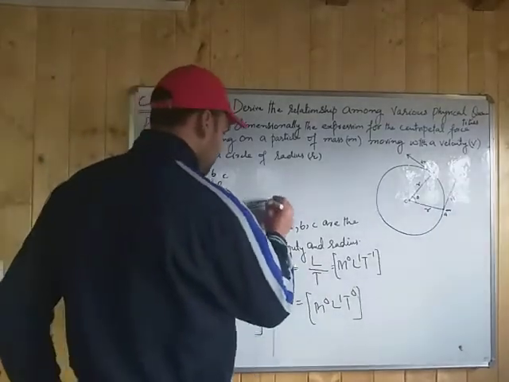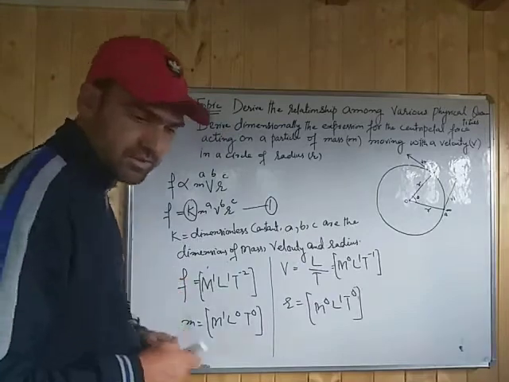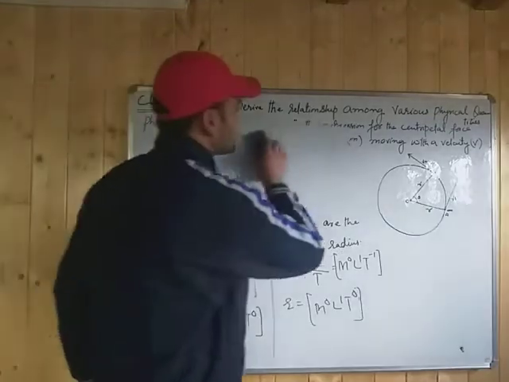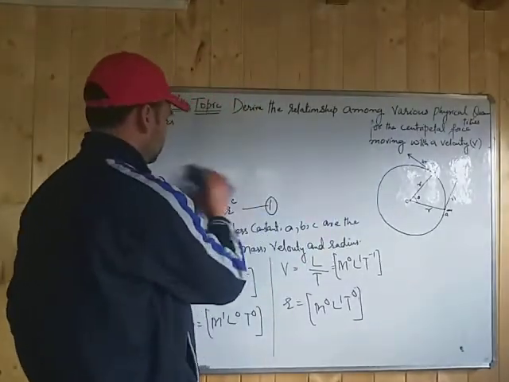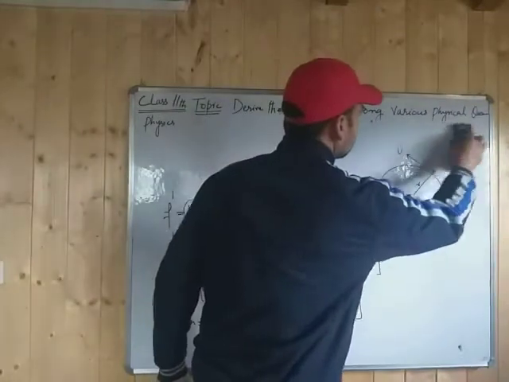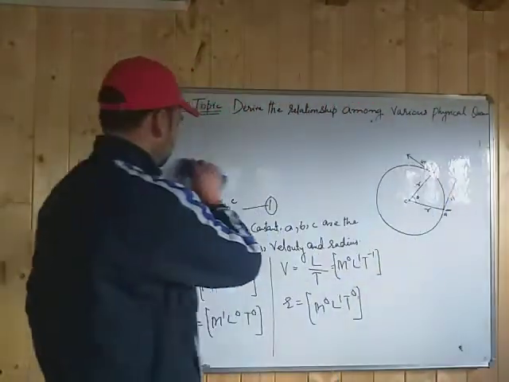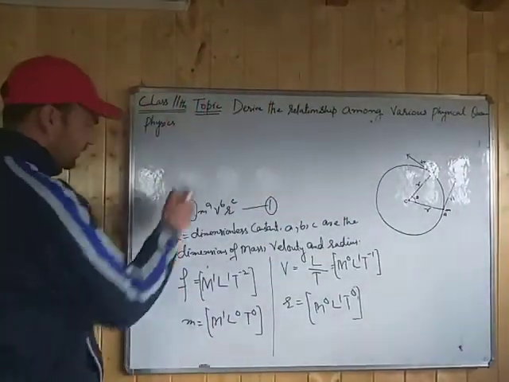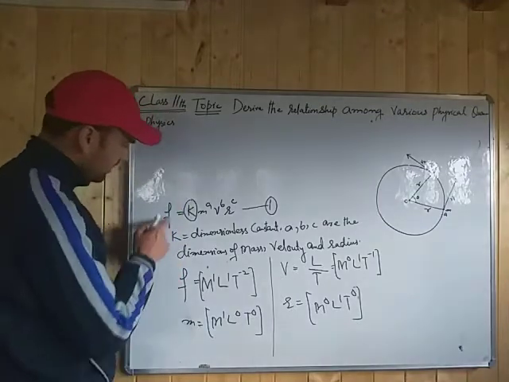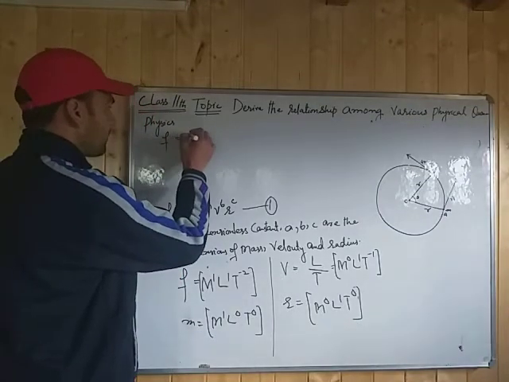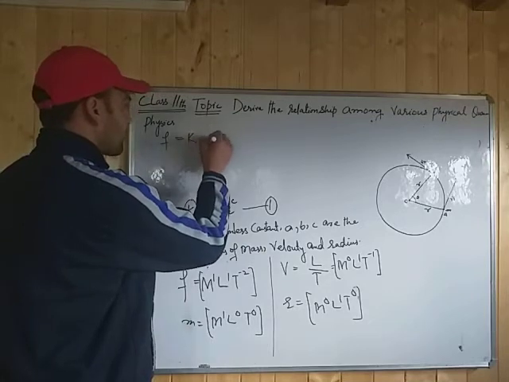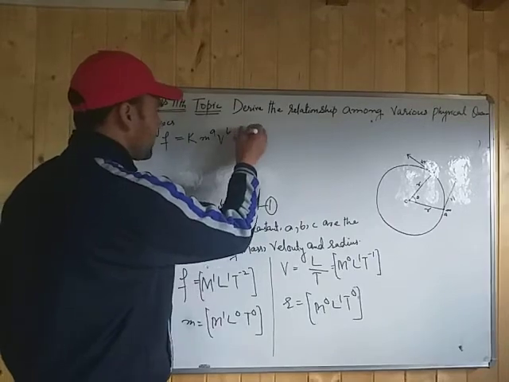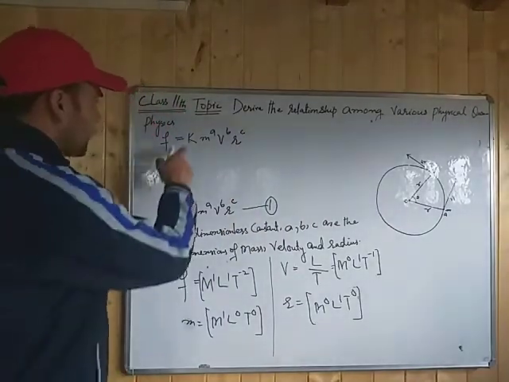Equation first is F is equal to K M raised to power A, V raised to power B, R raised to power C. Here K is the dimensionless constant.